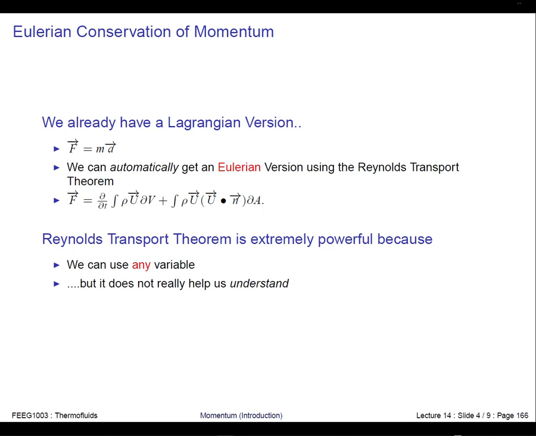So this is my rate of change of Lagrangian momentum, and that's equal to the force that's being applied to this particular object, and then I just apply my Reynolds Transport Theorem to how my momentum changes with respect to the Eulerian frame.